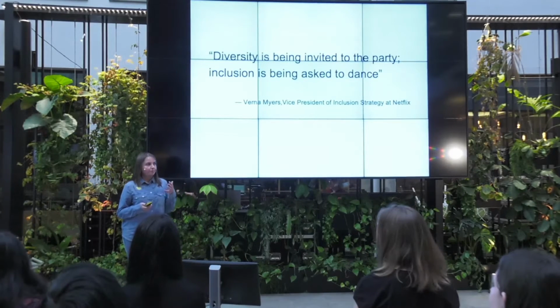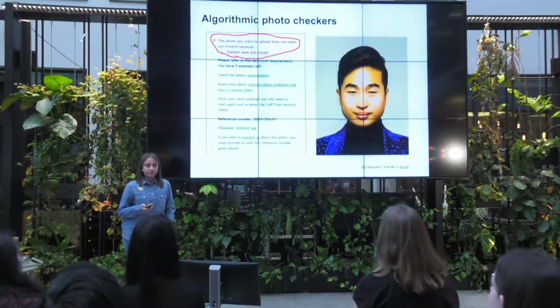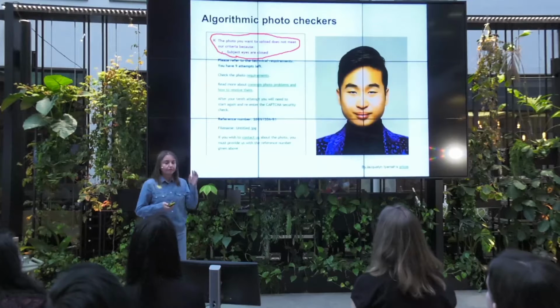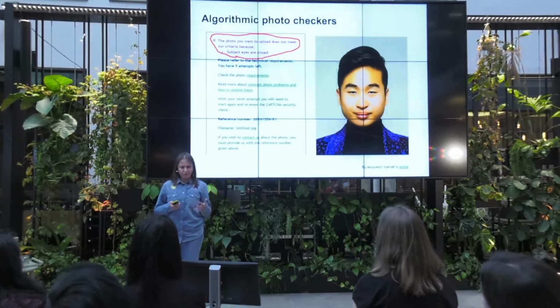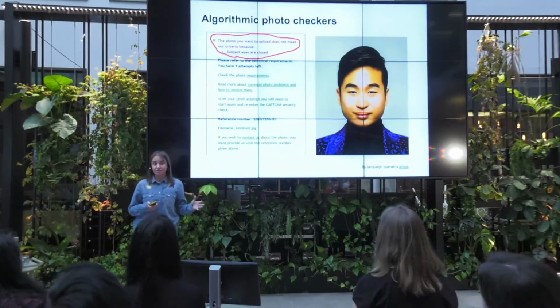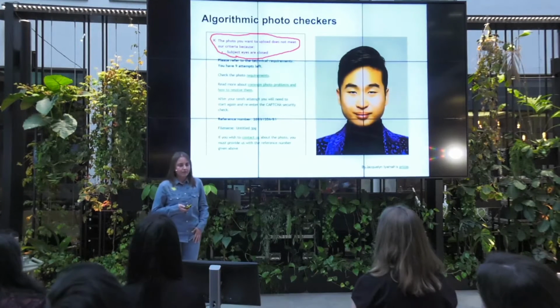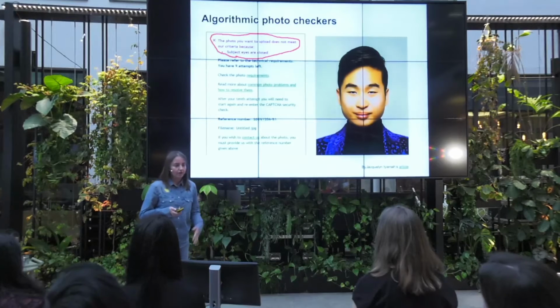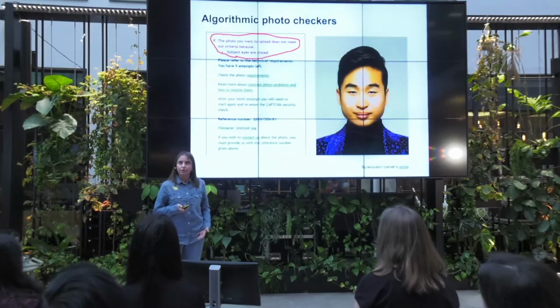And I wanted to give you an example of how sometimes our systems are built in ways that are exclusive. This is an example from an algorithmic photo checker. So this person wanted to renew their passport. I believe it was from New Zealand. And a few years back, they tried to upload their picture online just to renew the passport, and they kept receiving this error. And the error says subject eyes are closed, which obviously they're not.